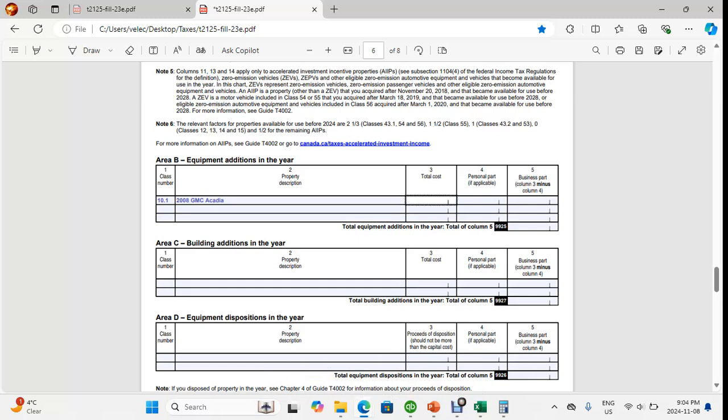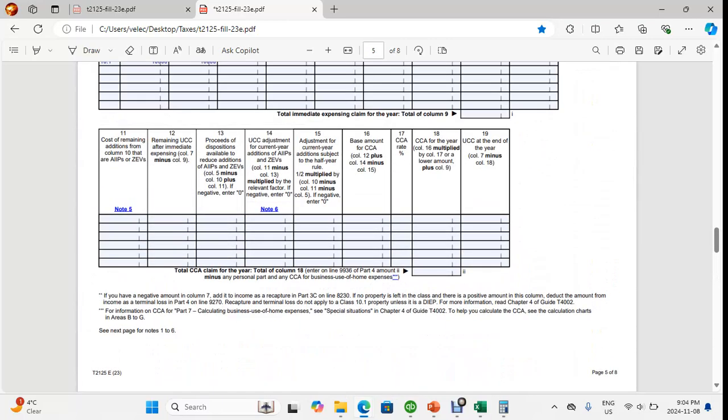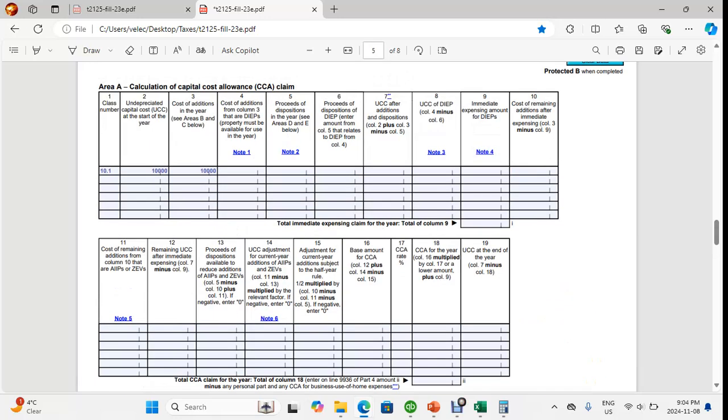Your total price, let's say this is 10,000. Personal part, if applicable: if you use your vehicle for personal use, you type in a figure over here. If not, your business part will be $10,000. That amount goes in column 3.